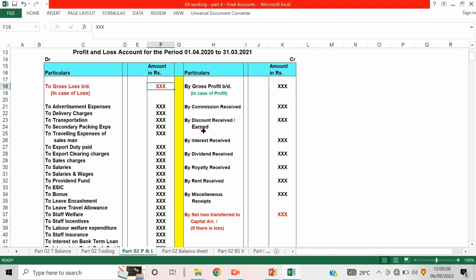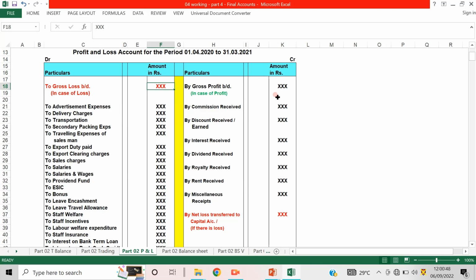Now indirect revenue: commission received, discount received, interest received, dividend received, royalty received, rent received, miscellaneous receipts, etc. And this is on the credit side.